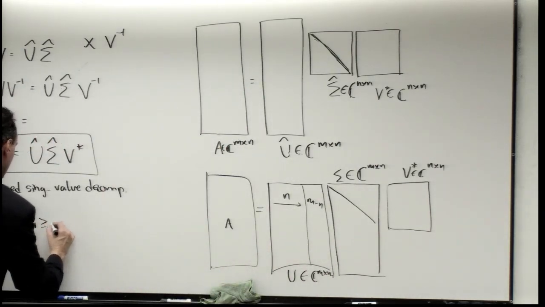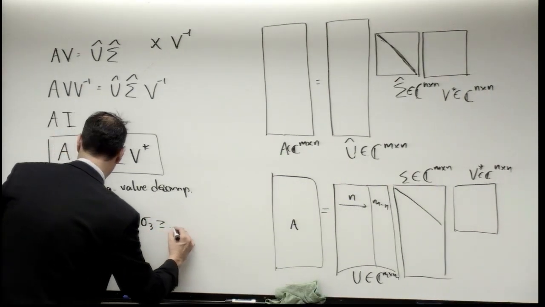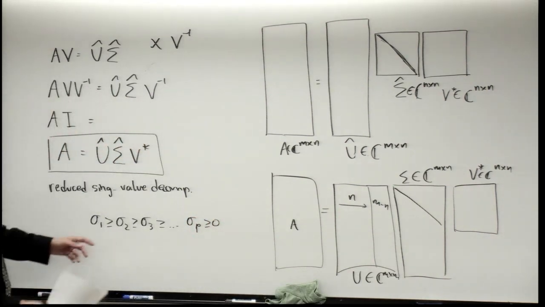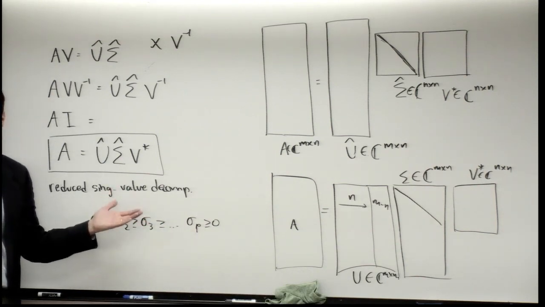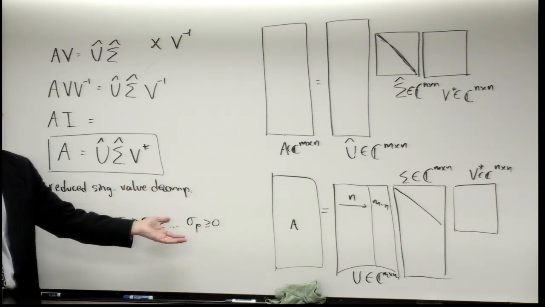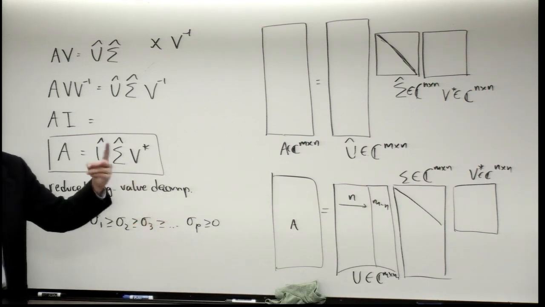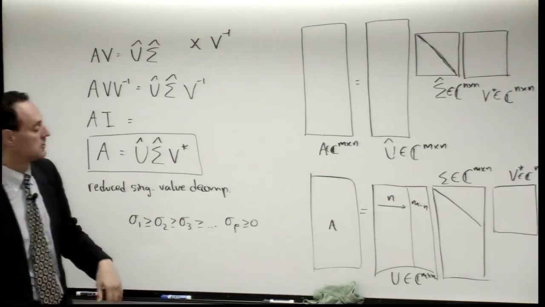it's always ordered in the following way. Biggest to smallest, all singular values are equal to or greater than 0. There are no negative singular values. They're all positive real numbers, ordered biggest to smallest.